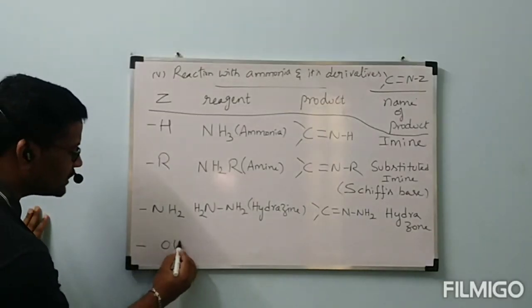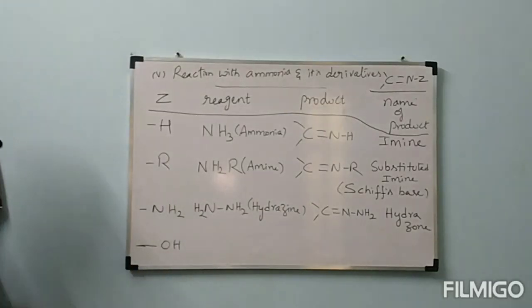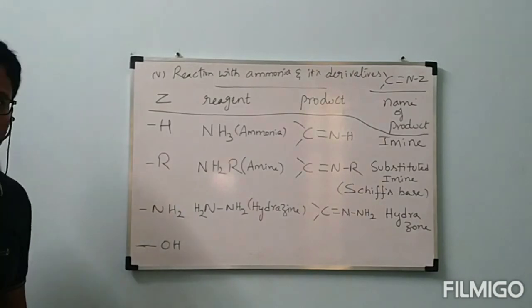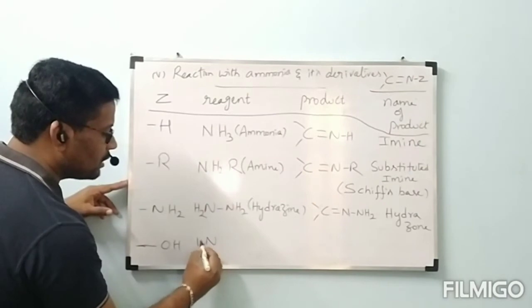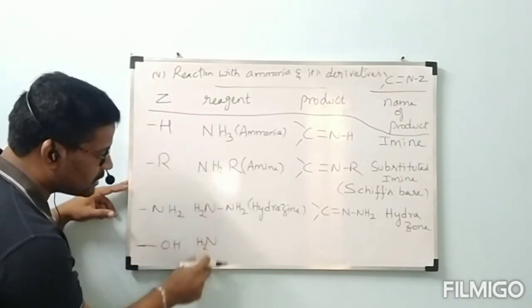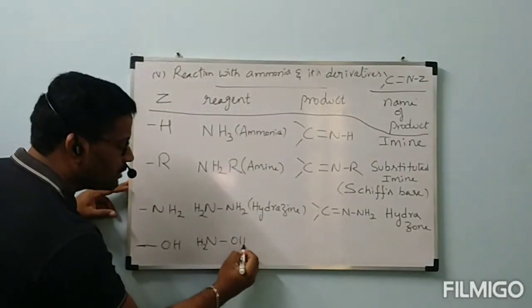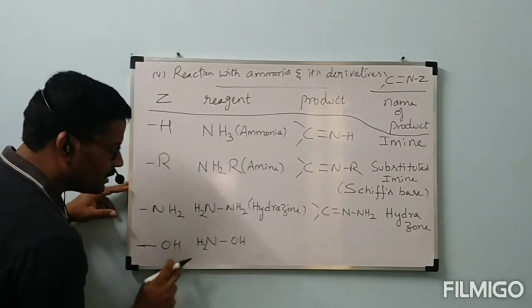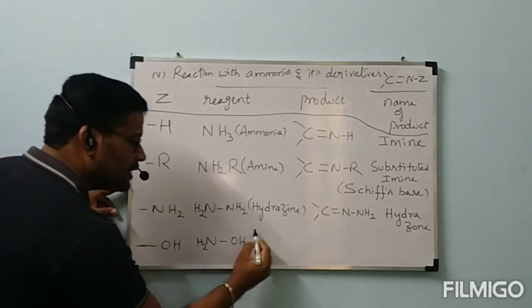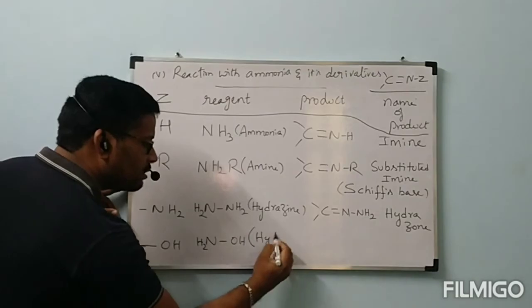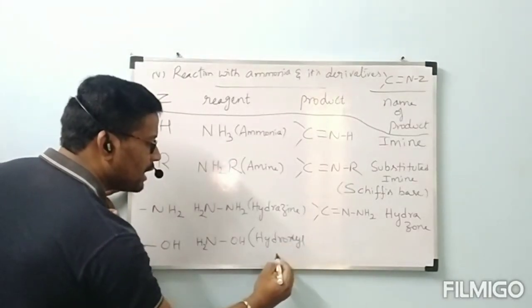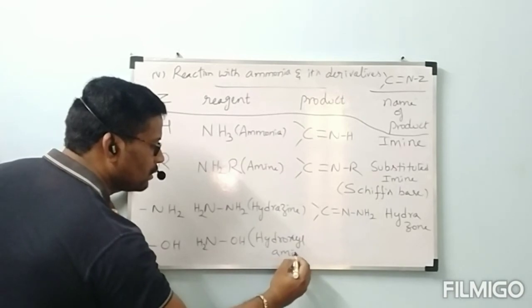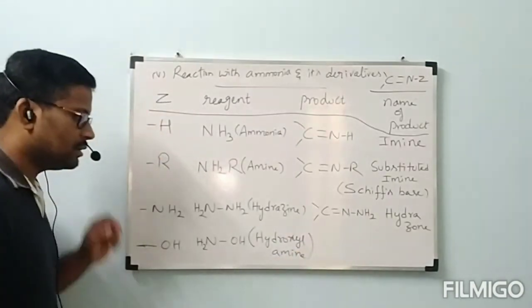Z group is OH. Then reagent will be, everywhere NH2 same, you must see NH2OH. This Z group only is getting changed. NH2OH. What is the name? Hydroxylamine.